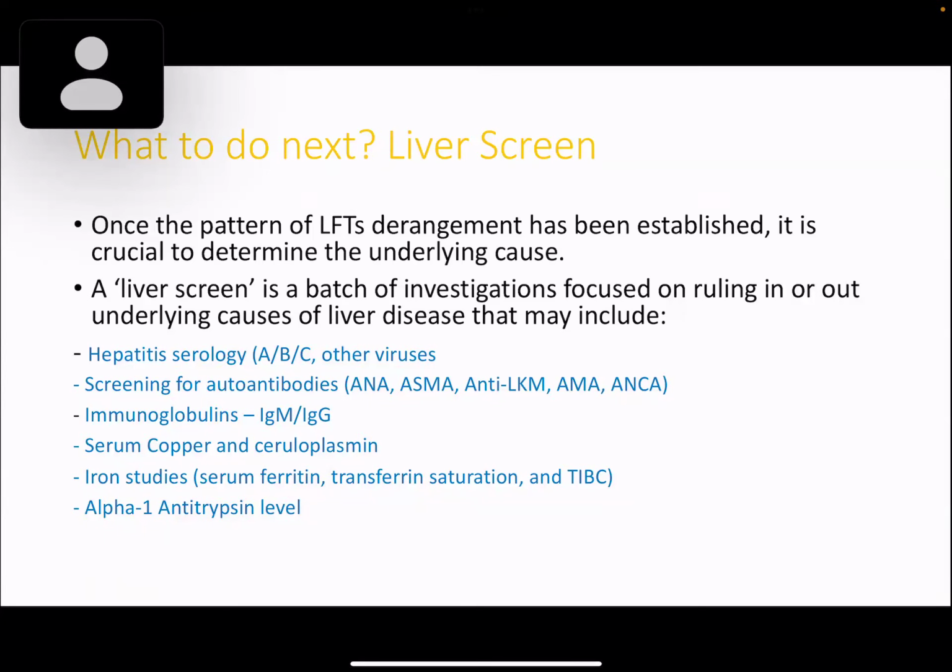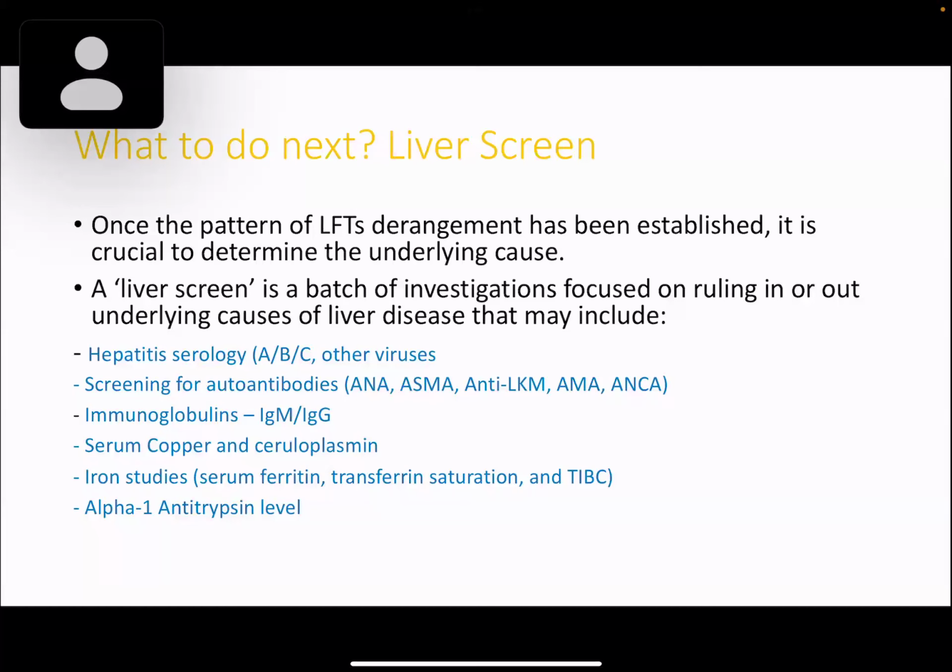And if all tests for these causes are negative, we have to investigate for rare diseases like Wilson disease. Do serum copper and serum ceruloplasmin, iron studies to rule out hemochromatosis, and alpha-1 antitrypsin level to rule out alpha-1 antitrypsin deficiency, especially if there is a family history of liver disease, because Wilson disease, hemochromatosis, and alpha-1 antitrypsin deficiency are inherited conditions.